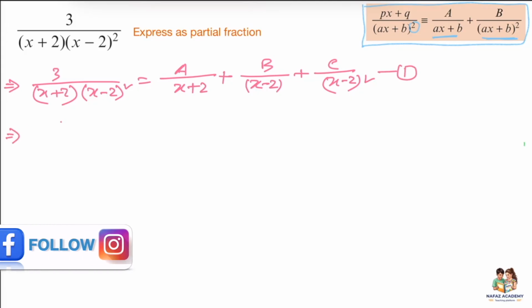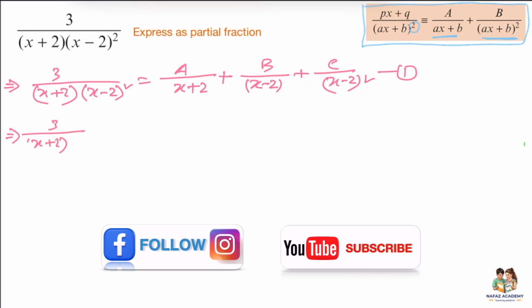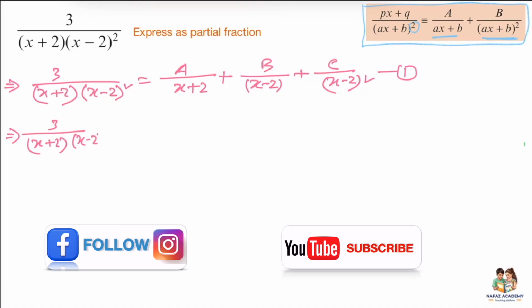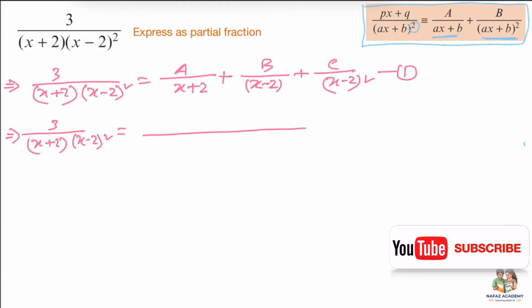If it is cube, then it would be plus D over (x minus 2) to the power cube. These are the rules. Okay, now we have to take the LCM of the fractional denominators.